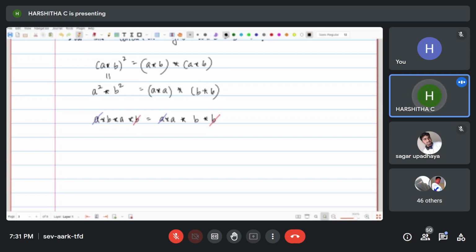It is perfectly right. But the small point here is, what do we mean by cancellation? Actually, what we have done is we have multiplied by A inverse on the left side and by B inverse on the right side.